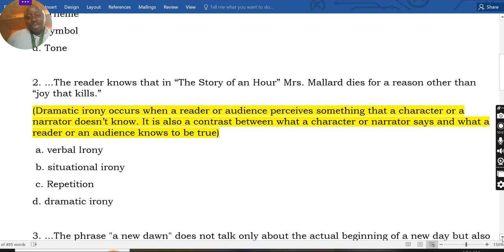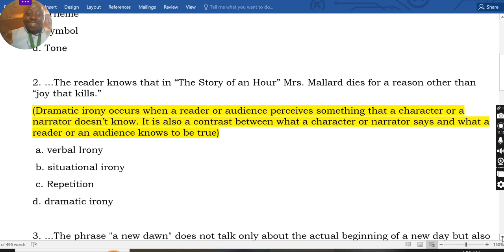So now, dear student, can you guess the answer? Now remember, the reader knows something, but the narrator doesn't know anything about it. So we normally know that the narrator knows that Mrs. Mallard dies for a reason.